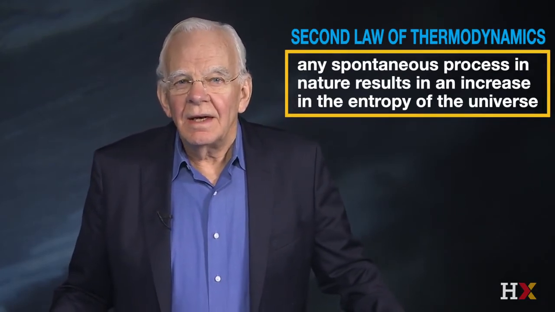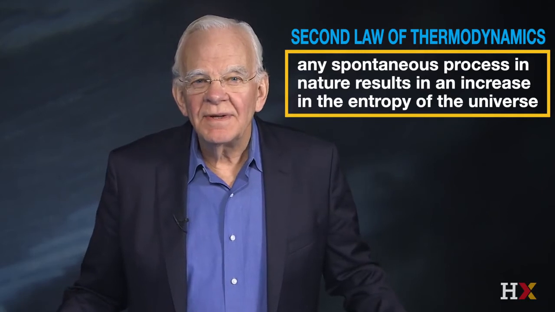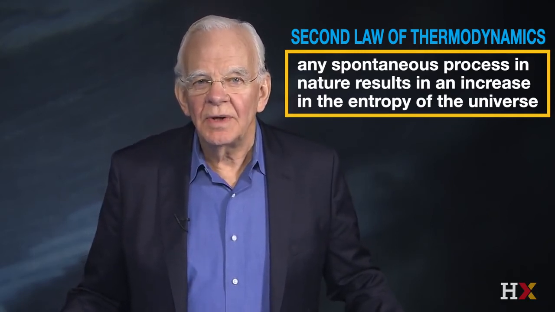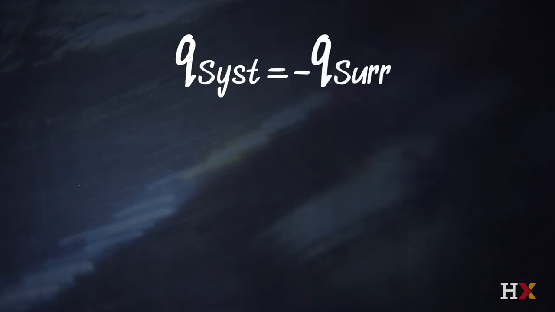And that means we're going to focus specifically on eliminating the change in entropy of the surroundings. And we do that by recognizing that Q, the heat leaving the system, is identical in magnitude through the conservation of energy, but opposite in sign to the heat entering the surroundings.